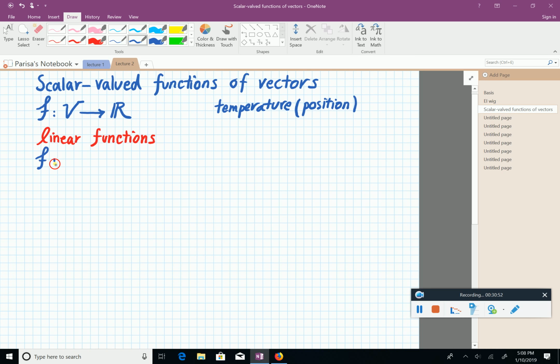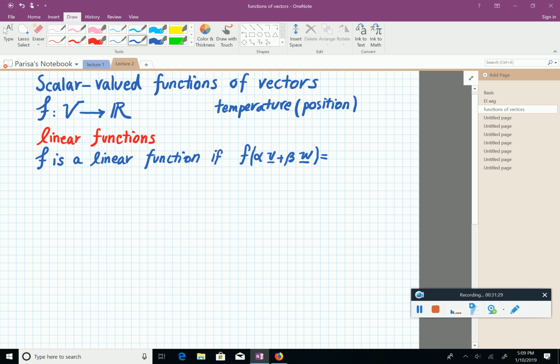So f is a linear function if you input a linear combination of two vectors or more. Remember linear combination? We defined it earlier today. I'm just writing two.